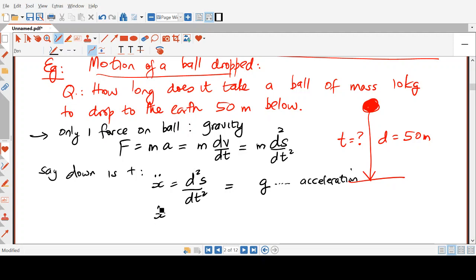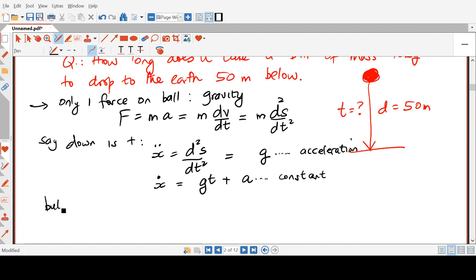The first derivative of this will be the integral of g in terms of t. It will be gt plus a, where a is a constant. But at the highest point, we know that x dot is 0. It's at rest, so no velocity.